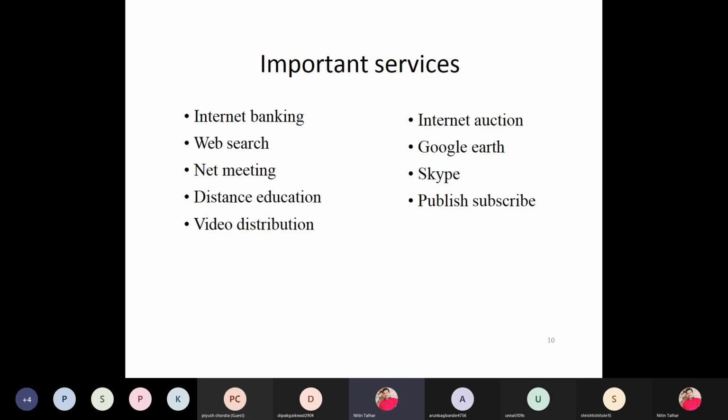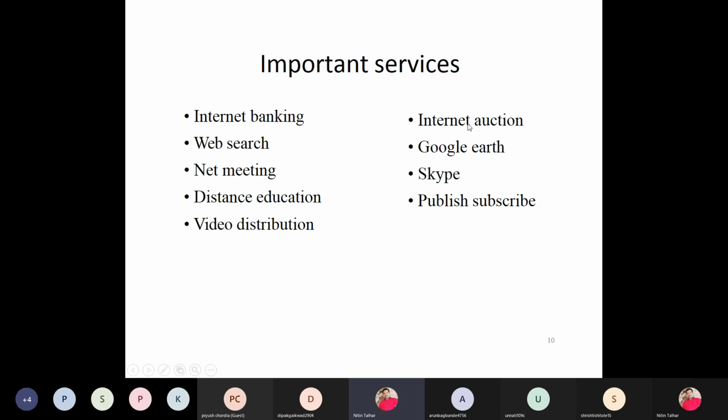These are some of the services that are currently considered examples of distributed applications: video distribution, then publish and subscribe service, then distance education, then net meeting, such as Skype or other net meetings like Google Meet and Microsoft Teams meeting.